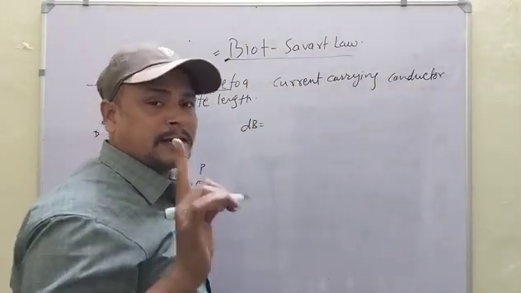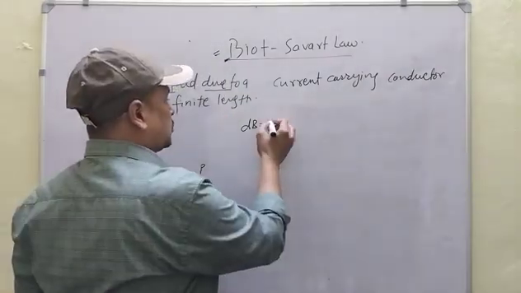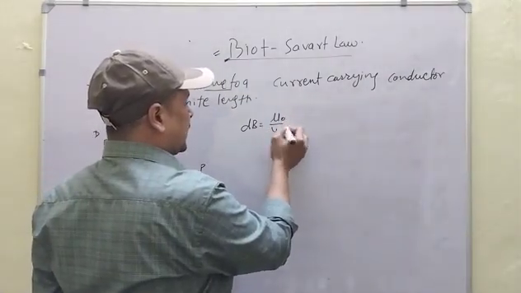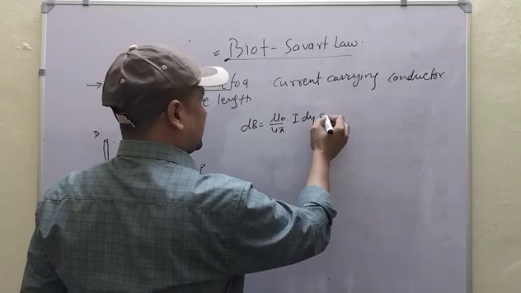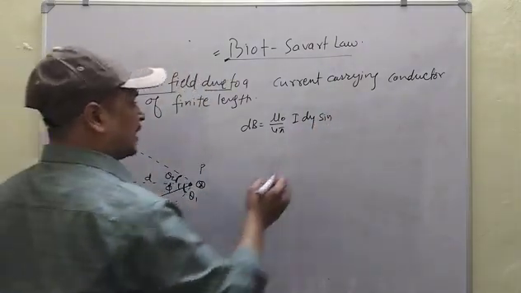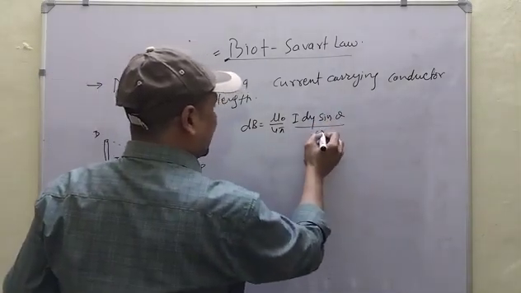Now what is dB? We are writing only the magnitude. dB equals mu naught by 4 pi, I dl, which is dy, sine theta divided by r square.